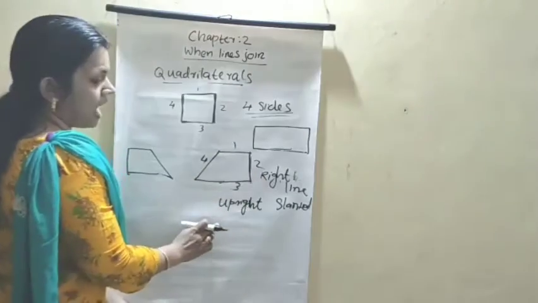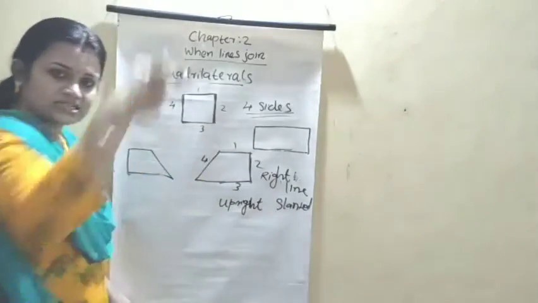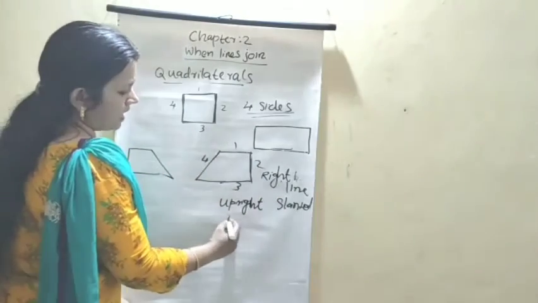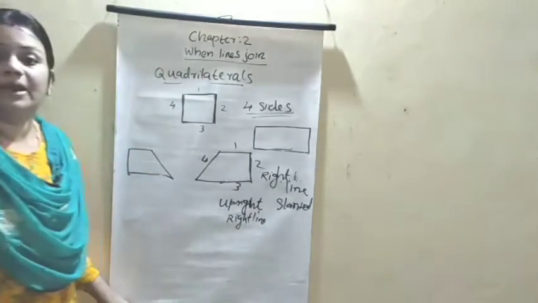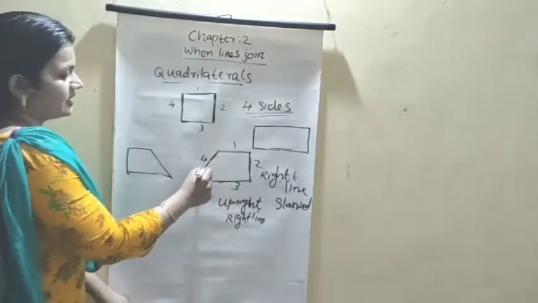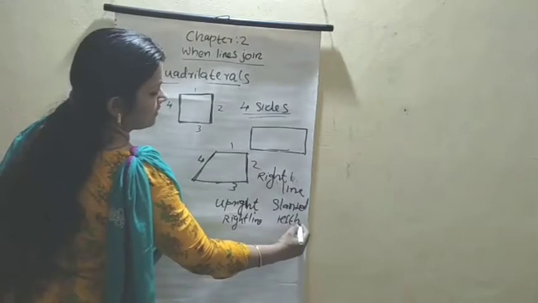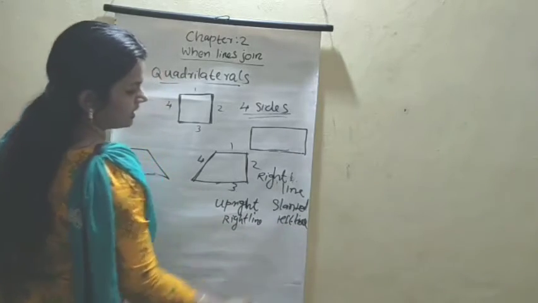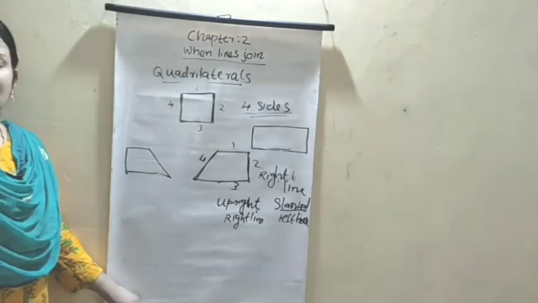Right line is upright, which means straight up. Slanted means slanted line. Then right line is what? Upright. What is the left line? Left line is slanted.